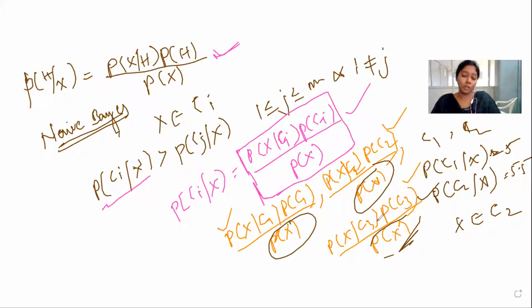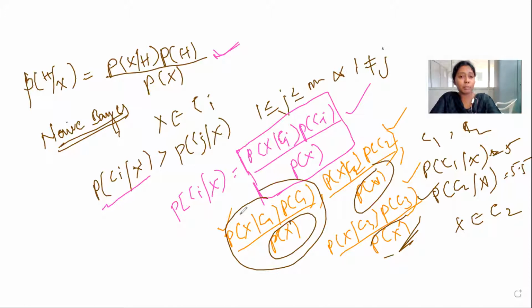So we are just going to compare the results after substituting the values in the formula. Since P of x is common for each class, I think we can remove it, right? Did you get my point or not? Yes, ma'am.